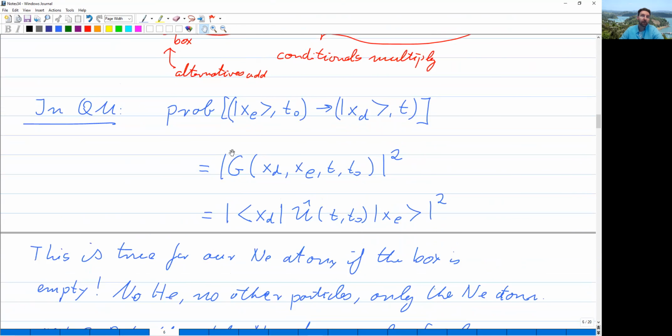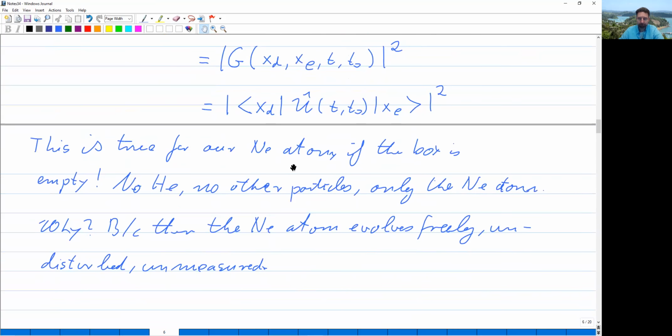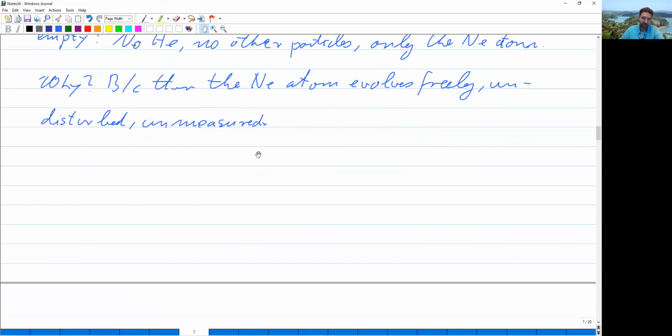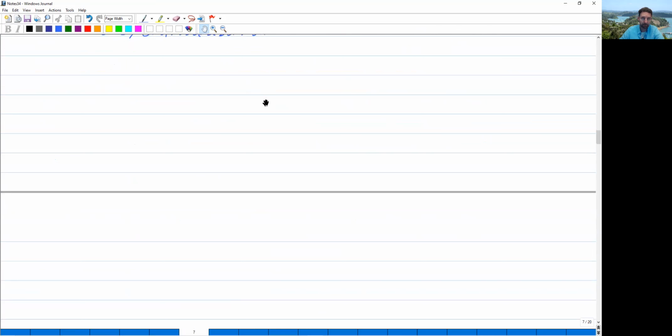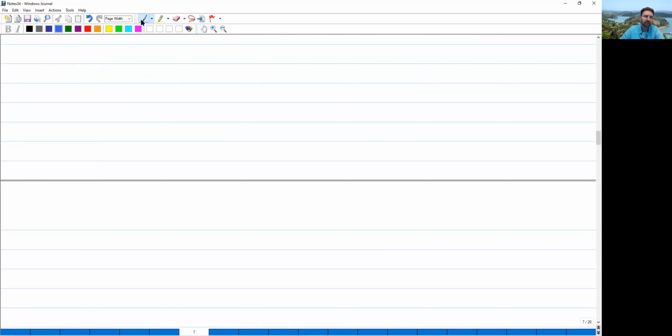So for this, we need to calculate the probabilities in more detail. So this is the probability for the neon atom to travel in an empty box from the emission point to the detection point from time t naught to time t. And I claimed it is the Green's function modulus squared, which is this expression. Maybe it's good if I prove that again. I hope you remember this is the case. I think we covered that when we covered Green's functions, but let's just prove this.